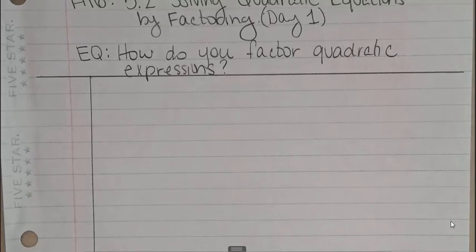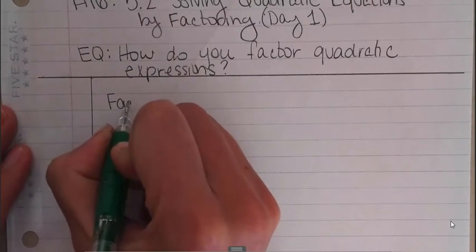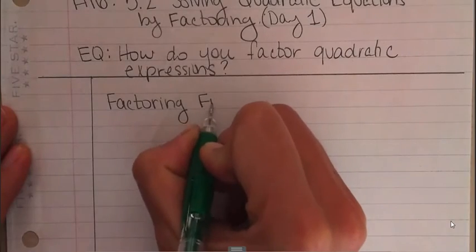I like to think about factoring as going through kind of a checklist. So I'm going to call these your factoring friends. And every time that you need to factor, I want you to go down the list. They're basically factoring methods, but I'm going to call them our factoring friends.